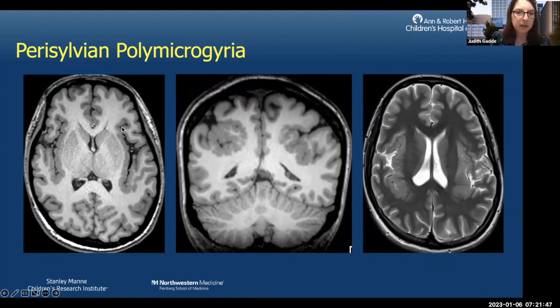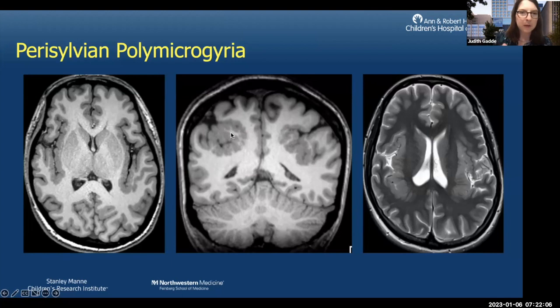If you're looking at just the axial 3D T1 here, you might not even be able to tell. So it is important to make sure that you do a 3D T1 so that you can look at the other planes, because that can help. So as you can see here in the middle in the coronal 3D T1, you can see how extensive this polymicrogyria is.